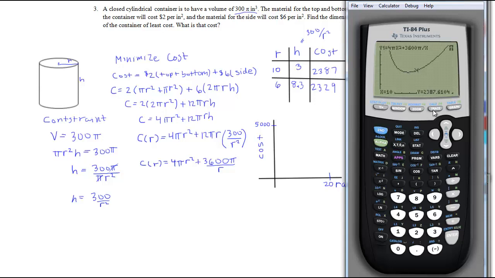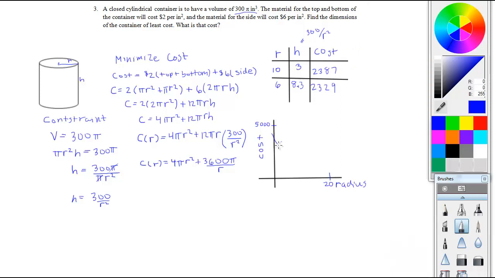So we do second calculate minimum, move to the left, press enter, move to the right, press enter, move about to the minimum, press enter, and so we know that the correct answer is 7.663.